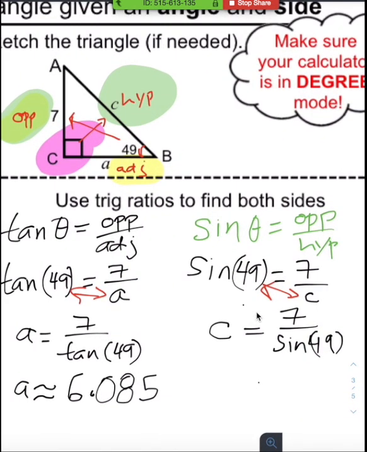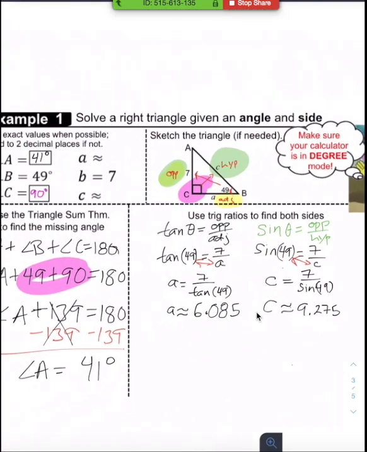So C has to be approximately 9.275. And we're done solving for this triangle, because now we know all the angles, and now we know all the sides.